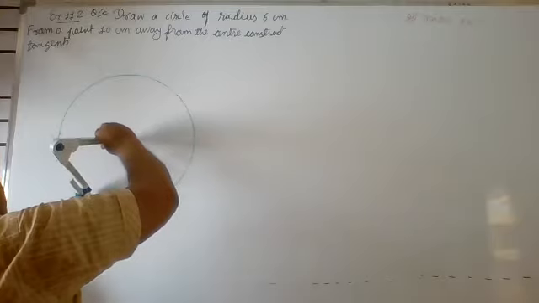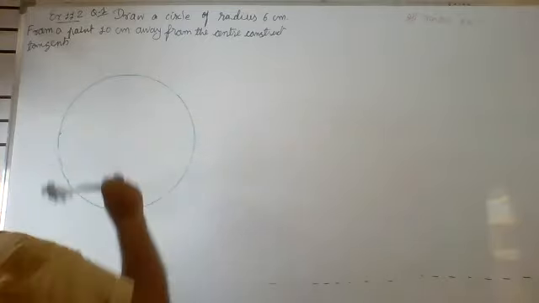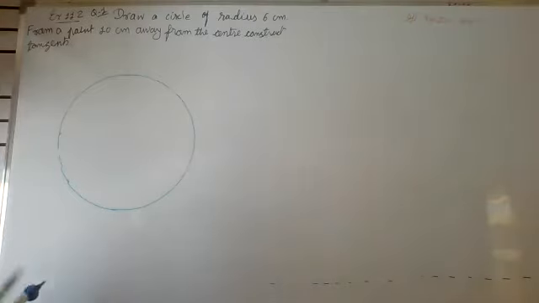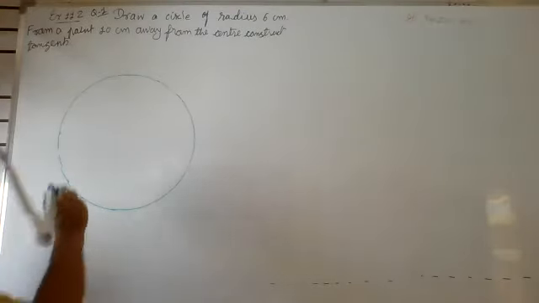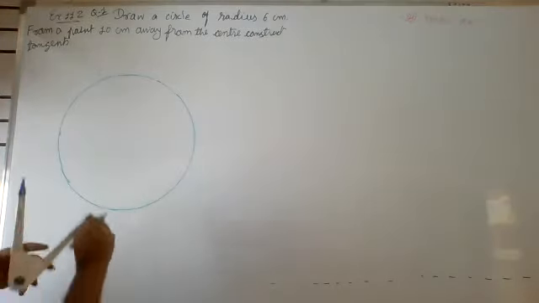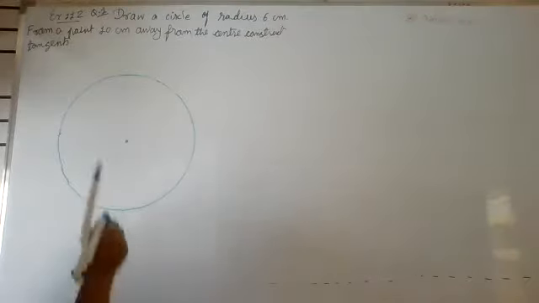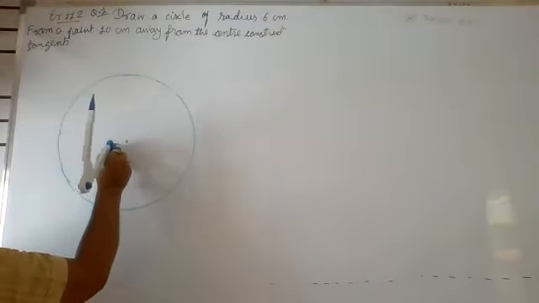We have to construct a circle having radius 6 centimeter. You can see, and this is the center. As we know, we can call the center O.